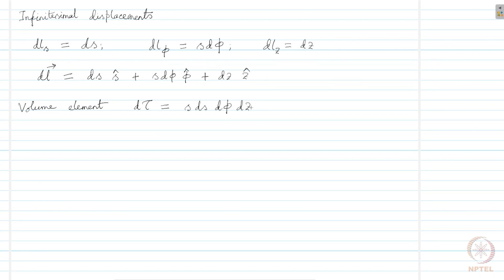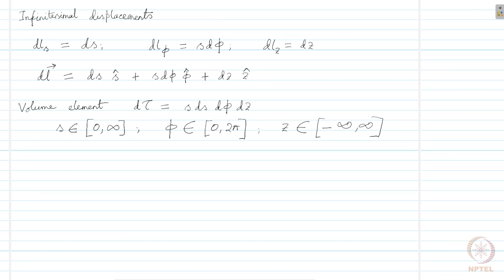We have to consider that s belongs to the range 0 to infinity, phi belongs to the range 0 to 2 pi, and z, just like the Cartesian coordinate system, belongs to the range minus infinity to infinity.